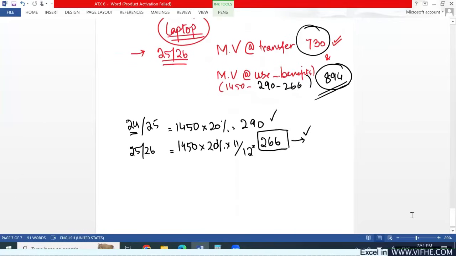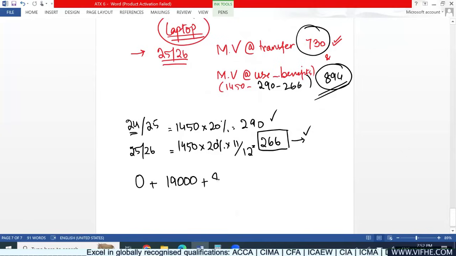Now, again, statutory redundancy payment is exempt. Non-contractual payment is going to be partially covered by the exemption, but 19,000 pounds is taxable. And in this case, with respect to the provision of the laptop, 894 is the taxable value of the benefit. So altogether, what is going to be the total taxable amount for the redundancy package?